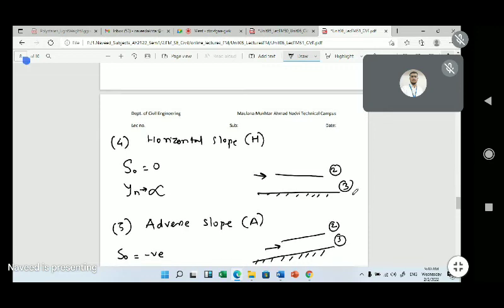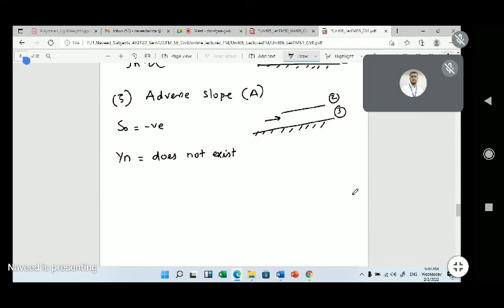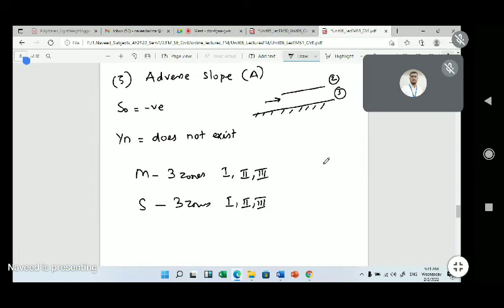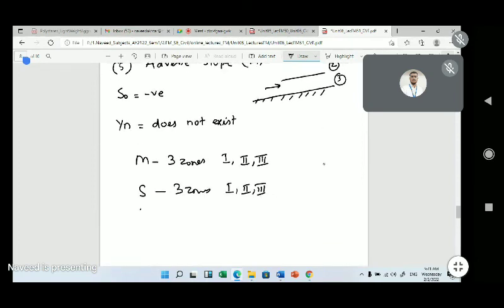So in total, for the mild slope there are three zones: 1, 2 and 3, and steep slope also has three zones: 1, 2 and 3. For critical there are two zones only, zone 2 is absent, 1 and 3 will be there.